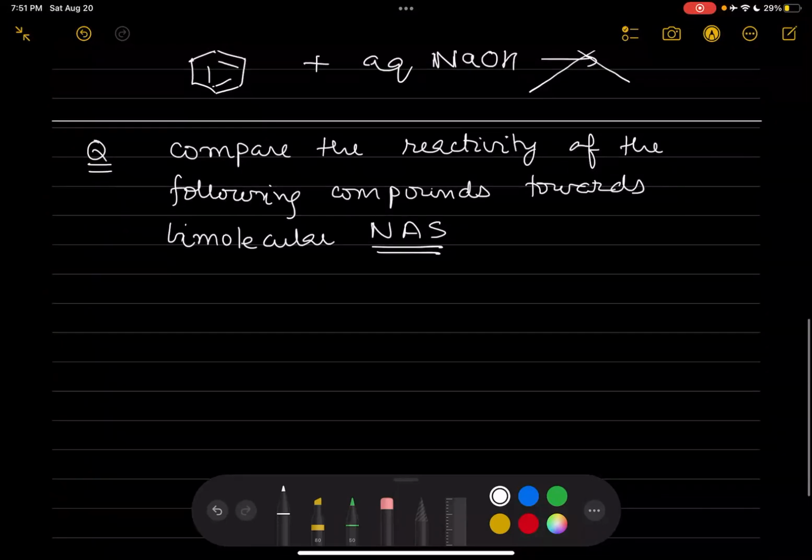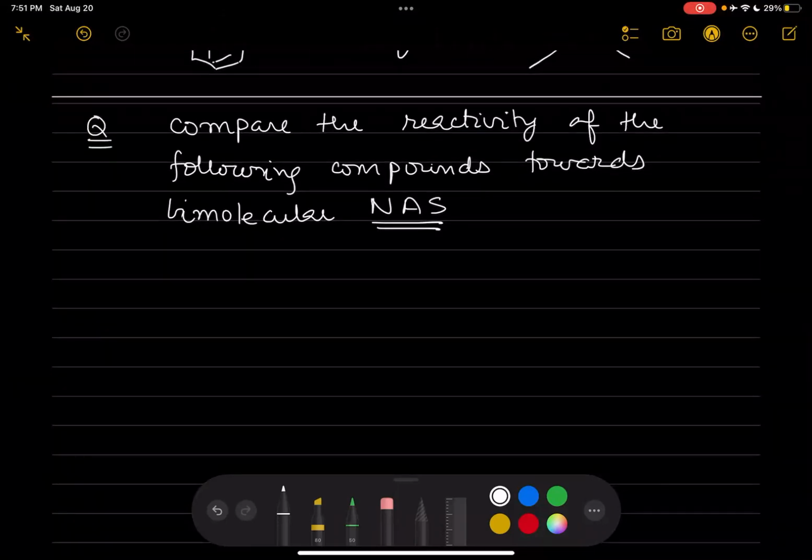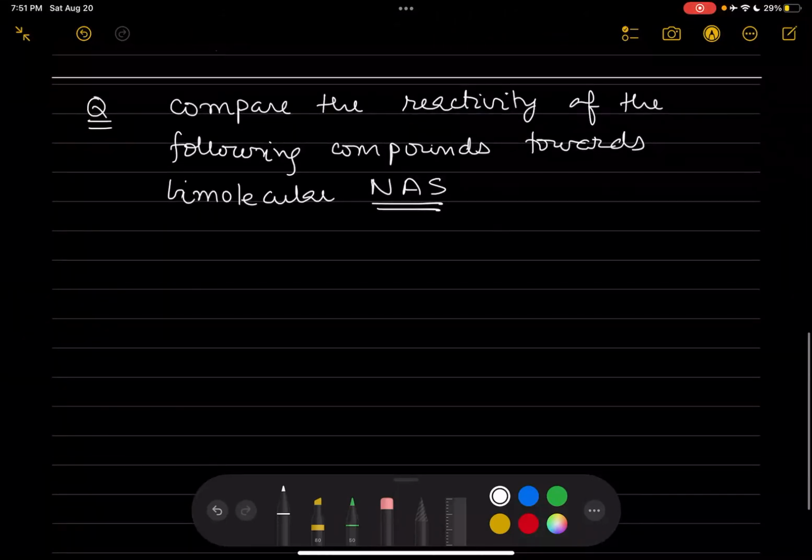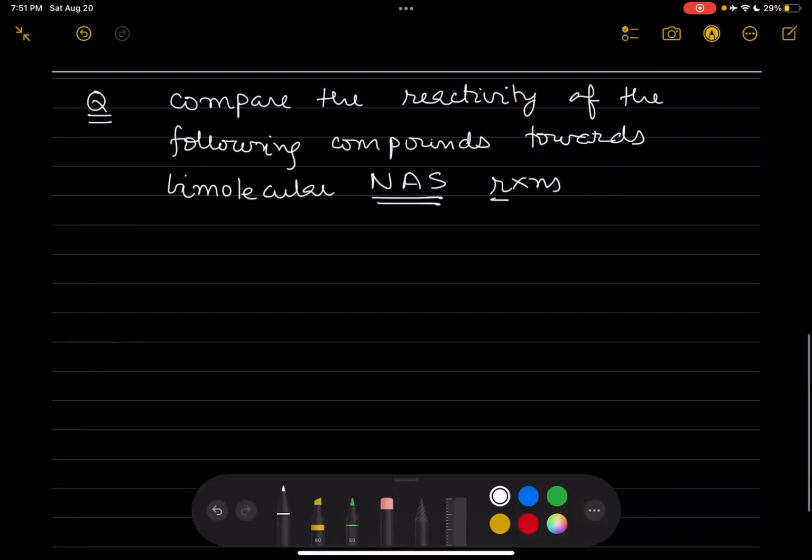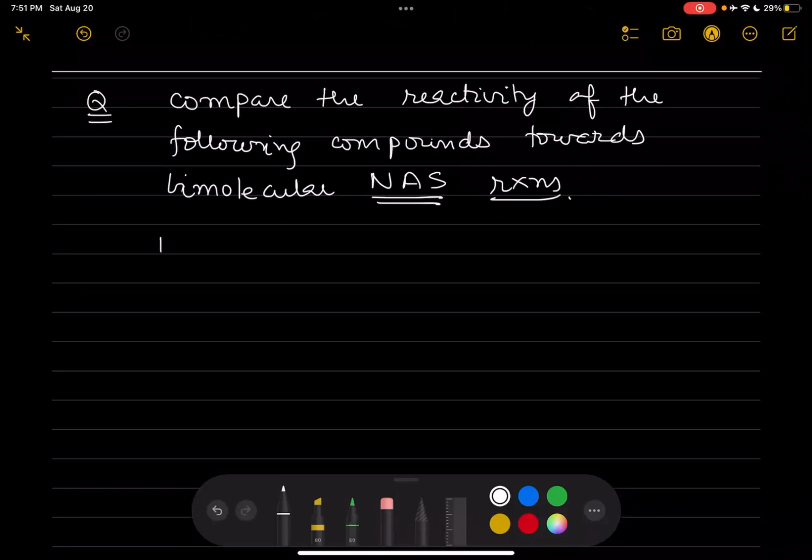Compare the reactivity of the following compounds towards the bimolecular NAS reaction. Okay, the same reaction which we discussed just now. This is chlorobenzene.